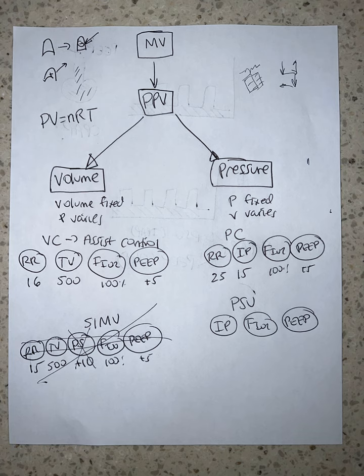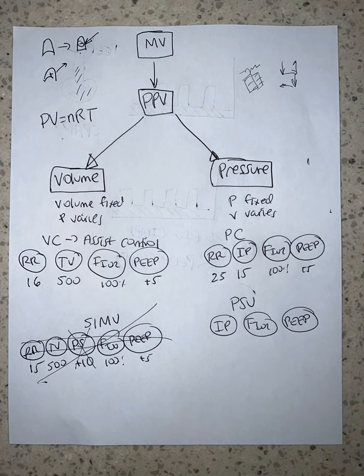Okay? Now, half and half only belongs in coffee and tea. Okay? But there is a hybrid mode, I'm sure you've heard it, called SIMV, synchronized intermittent mandatory ventilation. SIMV is a little different, where you have a respiratory rate, you have a tidal volume, you have a pressure support, you have an FiO2, and you have PEEP.